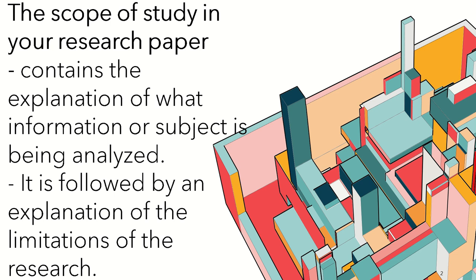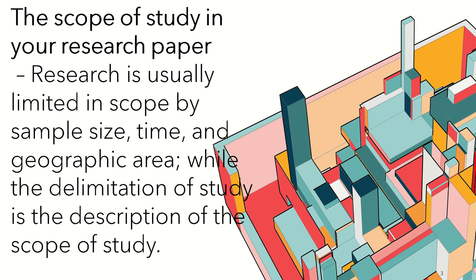The scope of the study in your research contains the explanation of what information or subjects are being analyzed in your study. It is followed by an explanation of the limitation of the research. So you have keywords here: the information of the subjects to be analyzed and the limitation of your research.